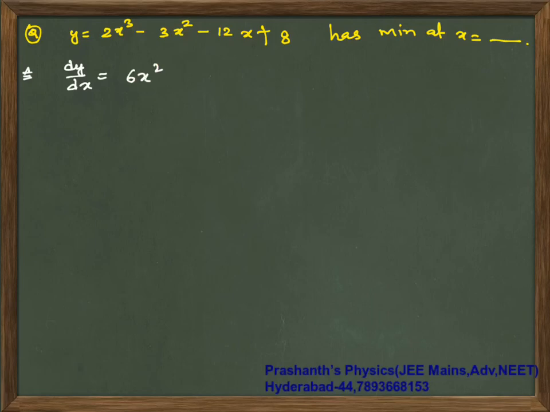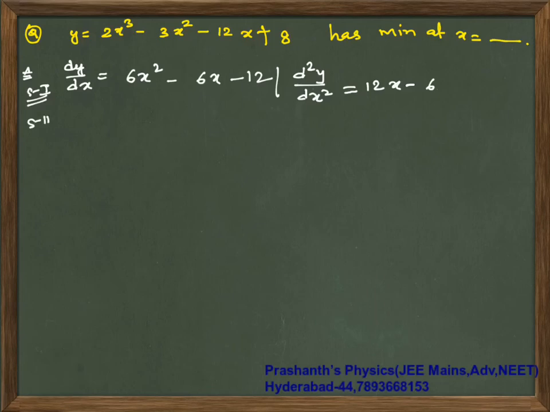So that will give you 6x square minus 6x minus 12. This is your derivative, and d square y by dx square is 12x minus 6. This is your step 1.